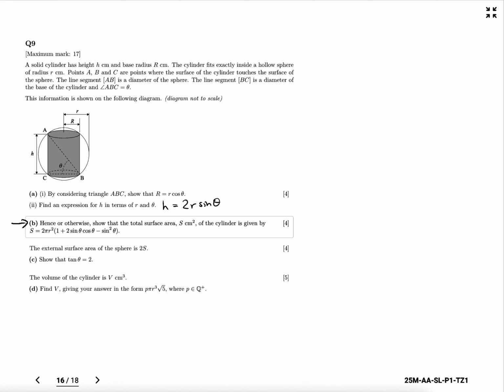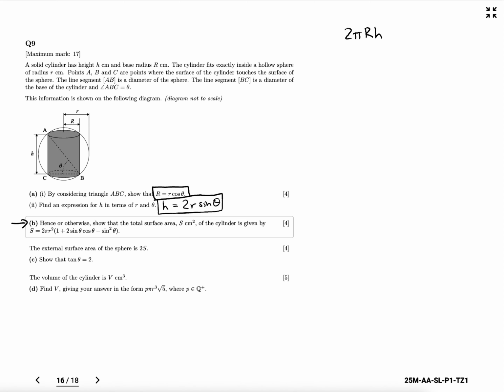Part B, hence or otherwise, show that the total surface area S centimeters squared of the cylinder is given by this expression. So we're going to need this formula that we already have, and also this one. And the curved surface of a cylinder is in your formula booklet, and that's 2 pi r. We have to use capital R, and then times h.